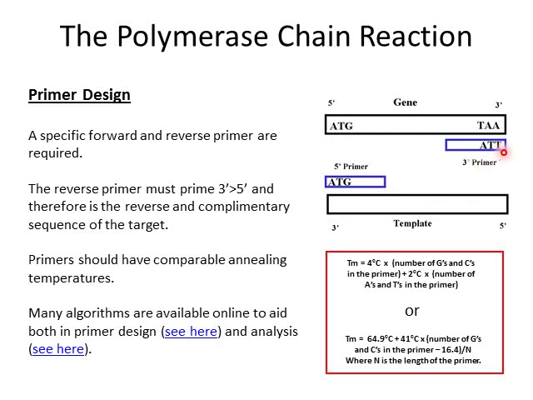So what that means is, because it's annealed in this fashion, 5' to 3', we can carry out PCR in this direction. So remember, DNA replication only ever occurs 5' to 3'. So because it's annealed in this orientation, we can go from 5' to 3' and carry out PCR here.